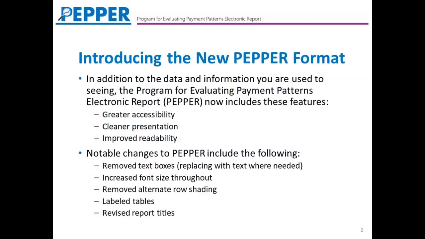As you're looking through your Pepper, you will notice some of these changes. The text boxes have been removed and replaced with text where needed. You'll also notice that we've increased the font size throughout. We've also removed the alternate row shading, labeled the tables, and revised report titles.